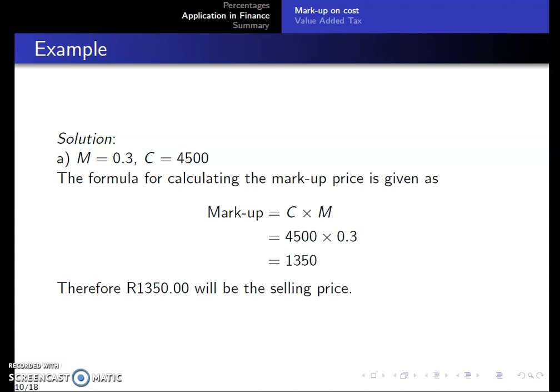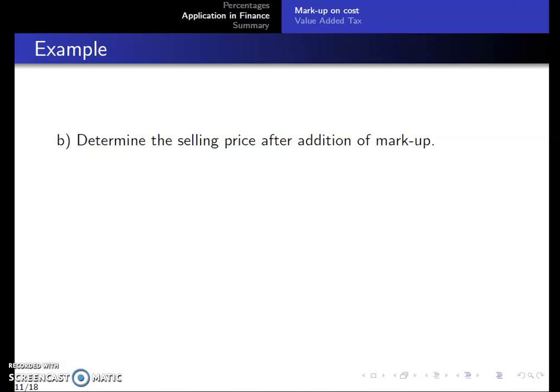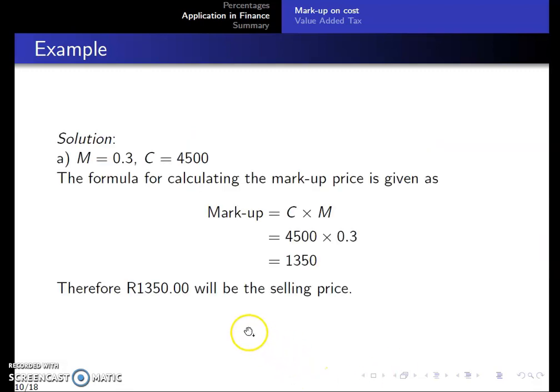And therefore, this is the amount you will be adding to the cost price, not the selling price.